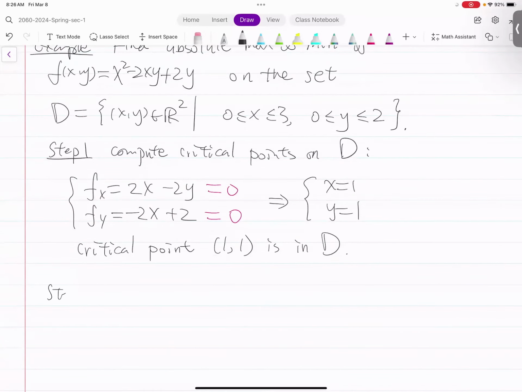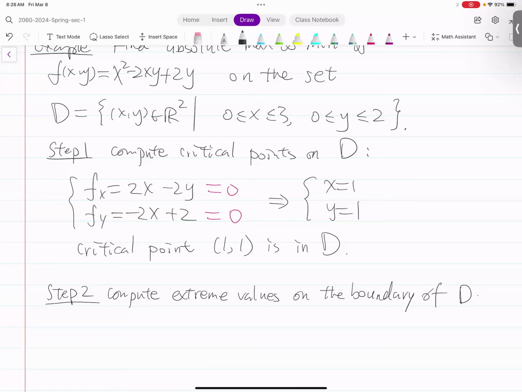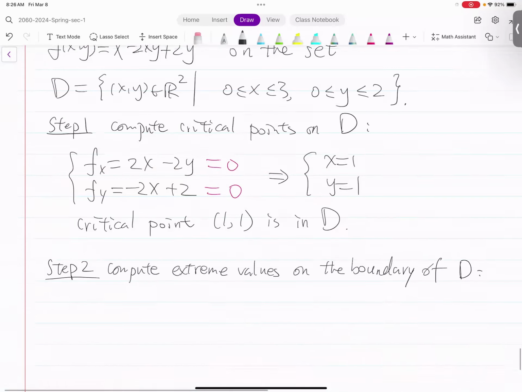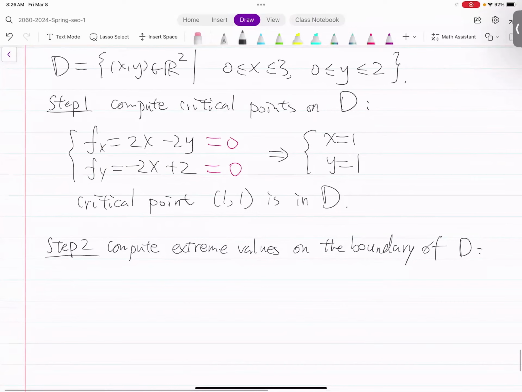And now step 2. Compute extreme values on the boundary of the set D. Okay. So here, let's sketch a picture for the rectangle.